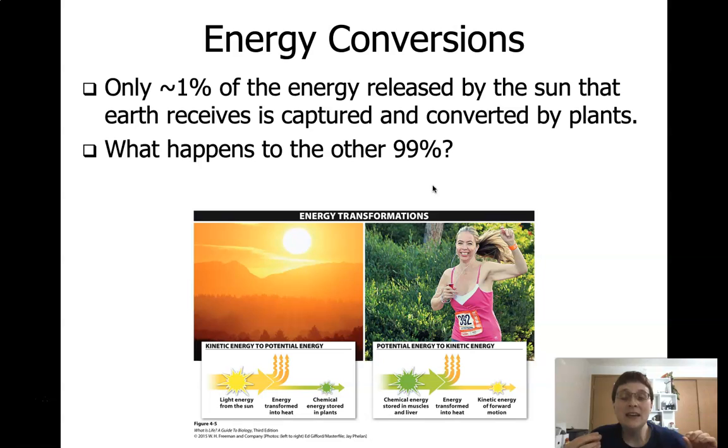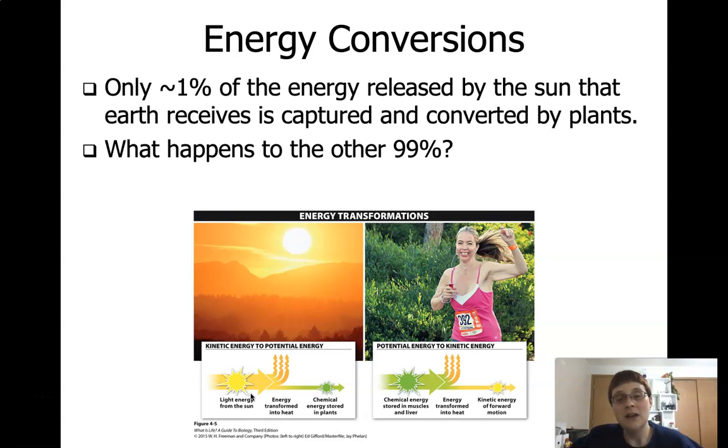So probably if you caught it here in the picture, you may have said heat. And yeah, a good chunk of that 99% is going to get transformed into heat. Some of it is going to get transformed into heat by the plant itself, but also a lot of this energy is transformed into heat by the planet, right?